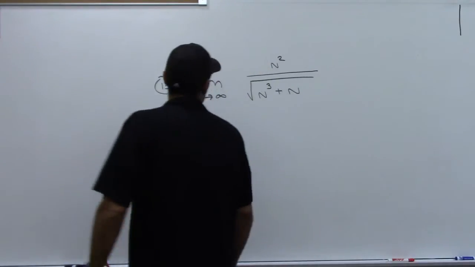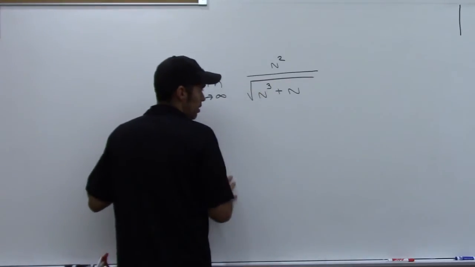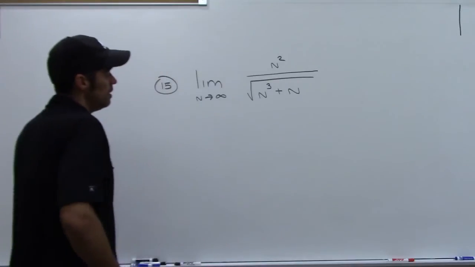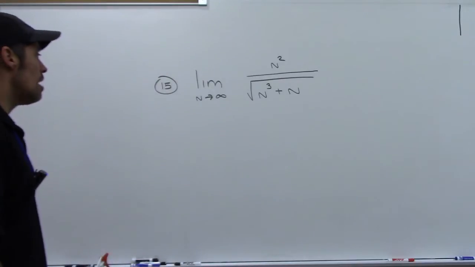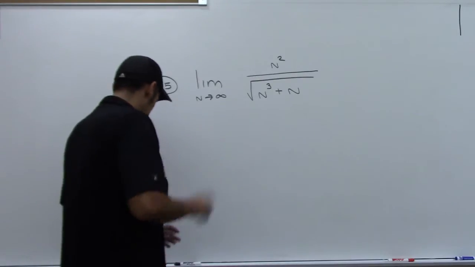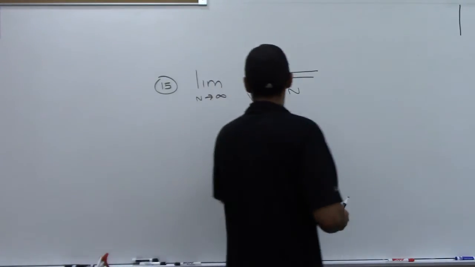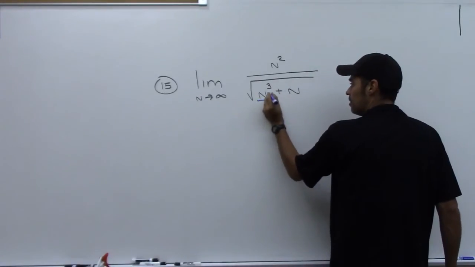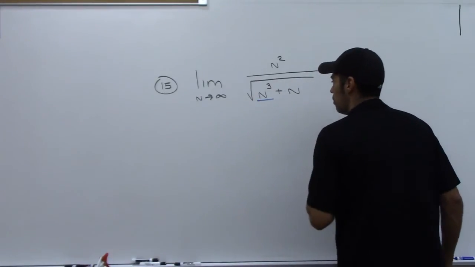However, the derivative of this bottom piece is going to be pretty ugly, and I'm not quite sure I want to deal with that. So I'm going to use a different technique that we've used in Cal 1, and that's how can we turn this highest power of the denominator, which is n cubed, how can I turn that into a 1?